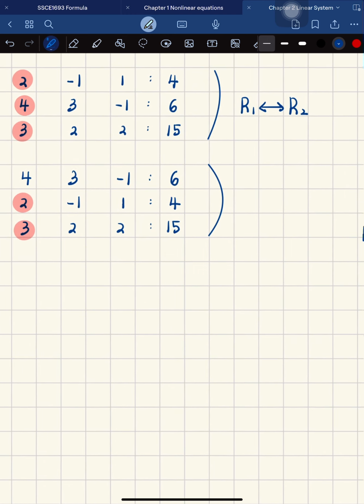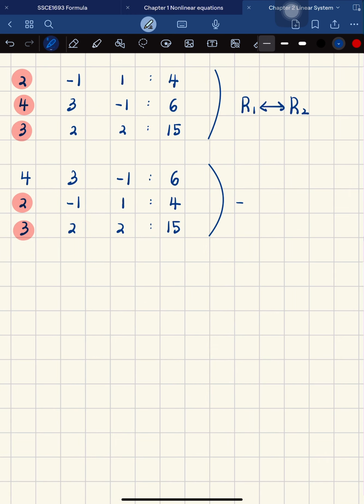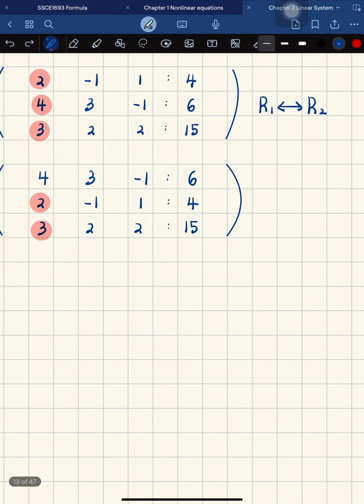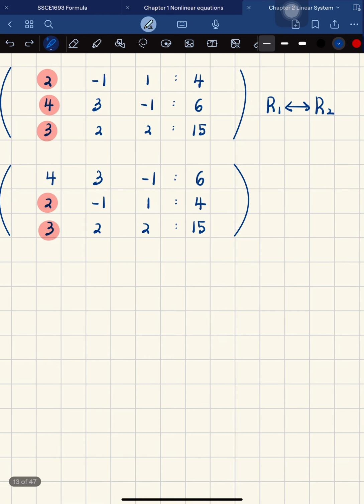Okay, so here, M is equal to negative 2/4, the maximum value, plus row affected.